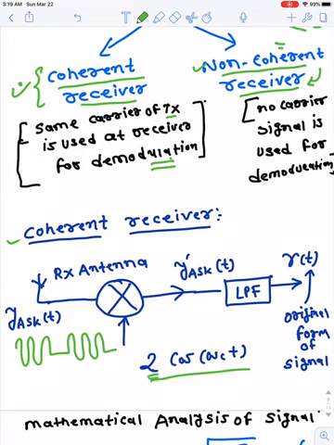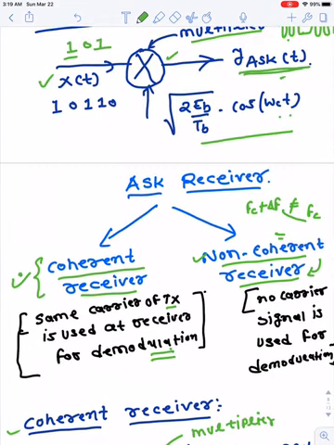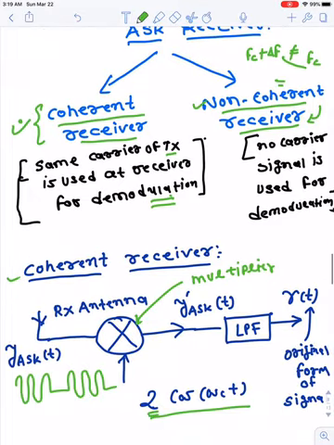The 2 is used basically to normalize the factor of 2 which is produced later in the mathematical expression, and this simply works as a multiplier. So this multiplier and the transmitter multiplier are roughly the same. Whatever signal is received here is simply multiplied with 2 cos omega ct, and the output produced at the multiplier is the y dash ASK of t signal.